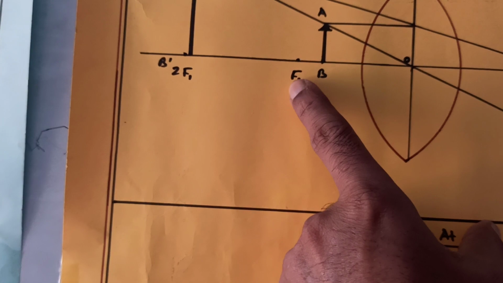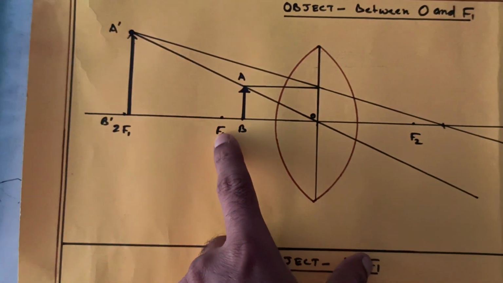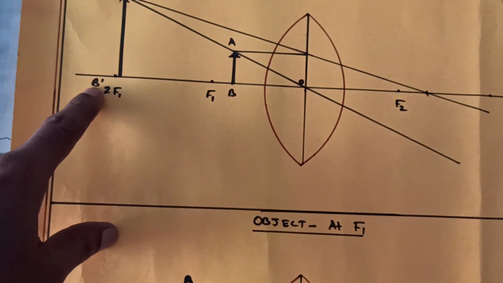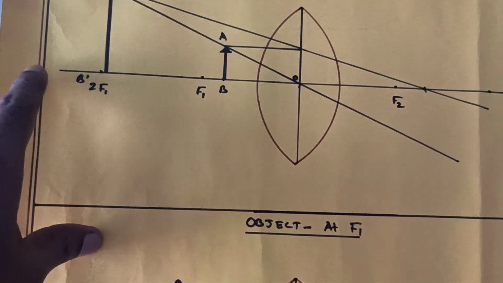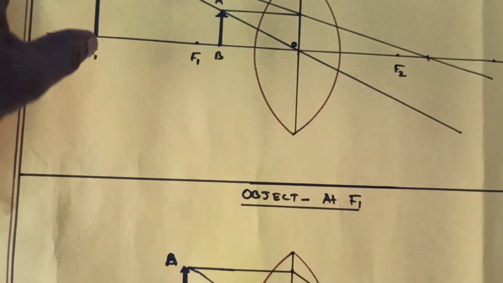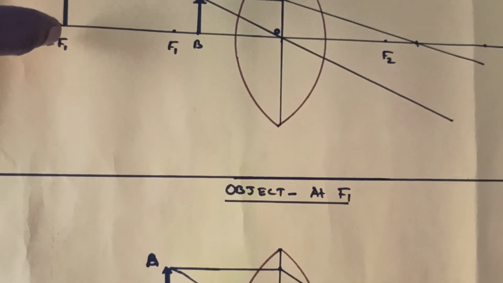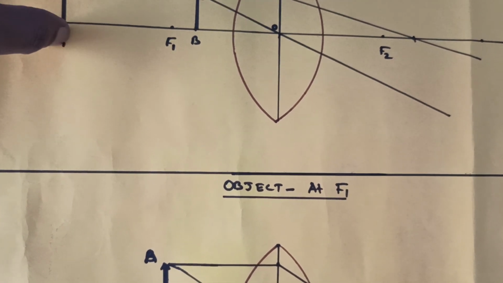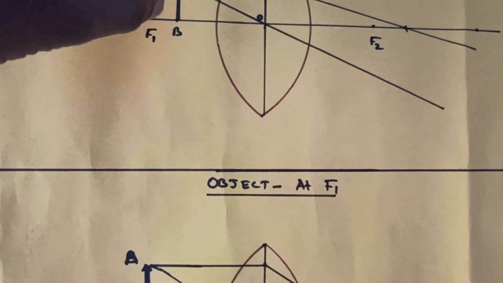So when the object is placed between optical center and F1, the image is formed on the same side of the lens as the object. You can compare the object and the image size. You find that it is enlarged, means the image is bigger than the object.